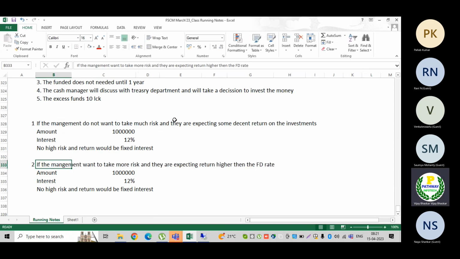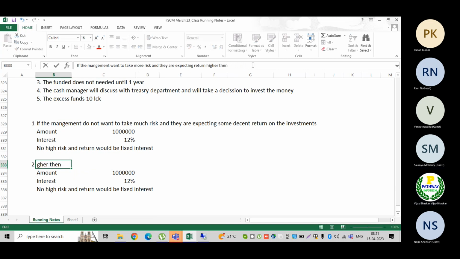Let us assume their expected return would be around 50%. Even you can put it 90% also, doesn't matter here.